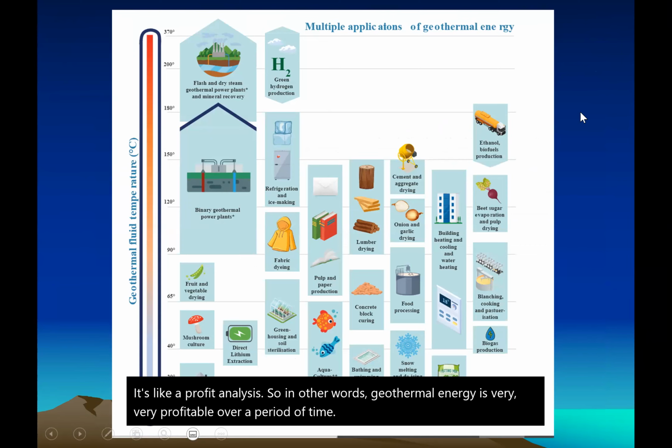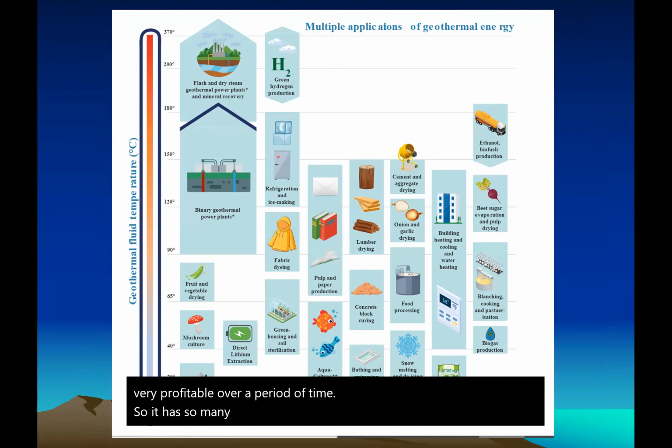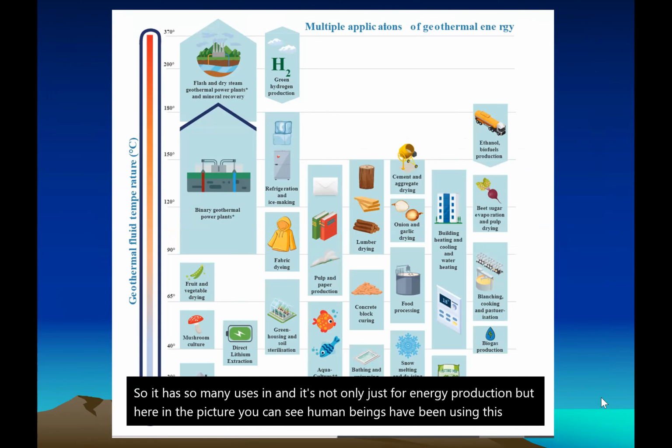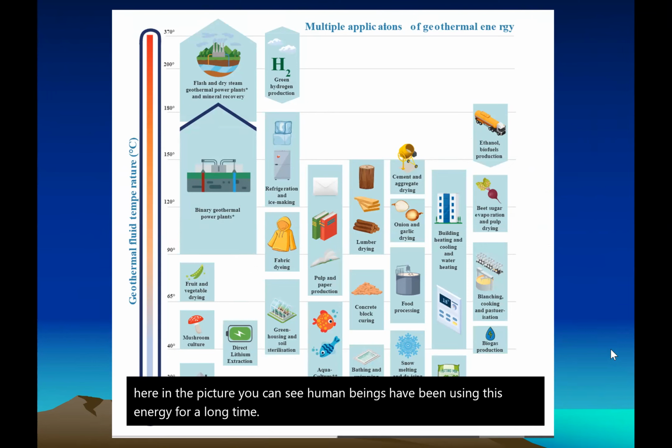So it has so many uses. It's not only for energy production, but here in the picture you can see human beings have been using this energy for a long time, right?